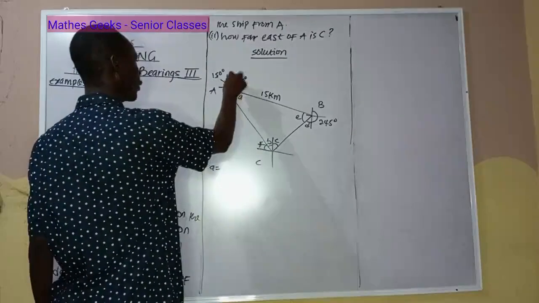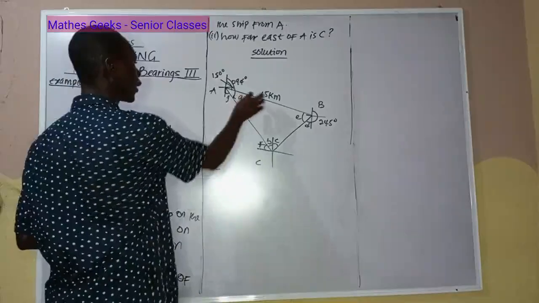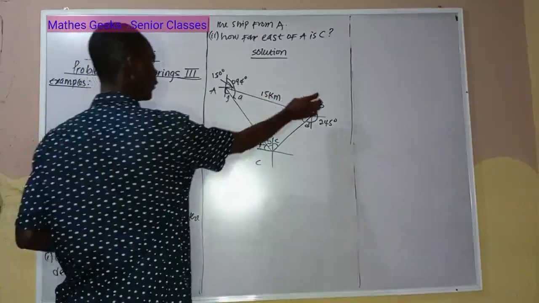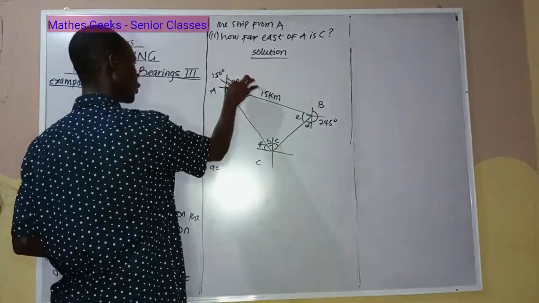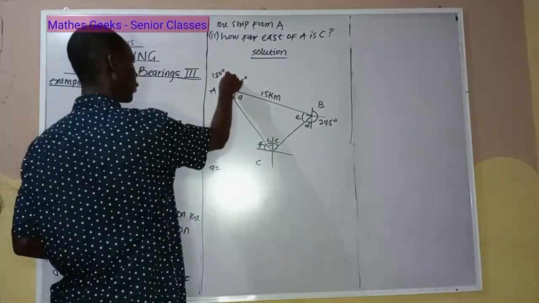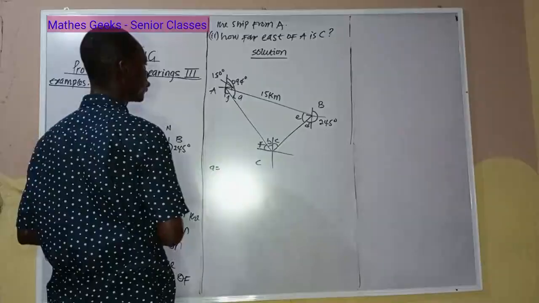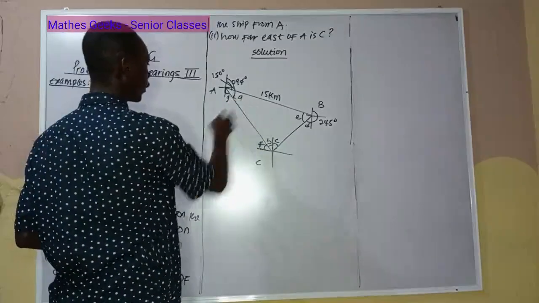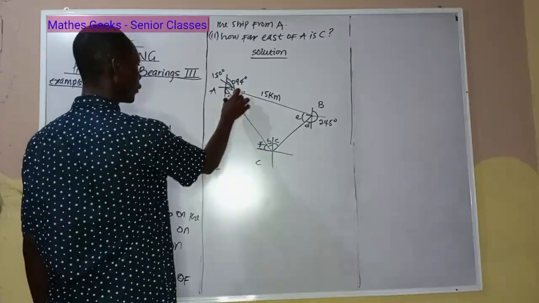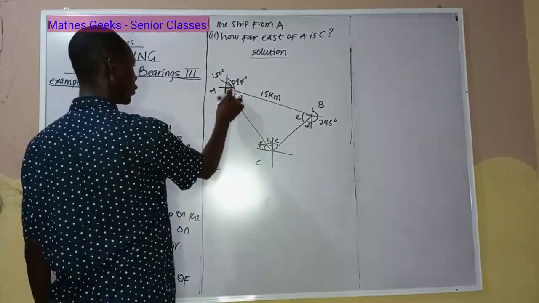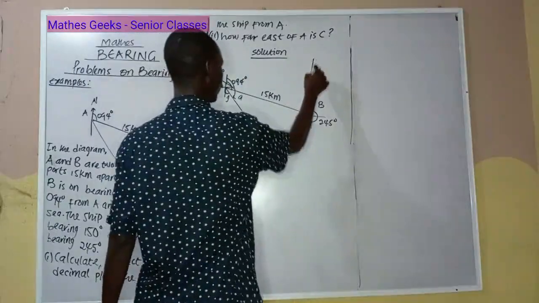Already we know that from this line, the bearing of B from A is 94 degrees. So from the north to this line is 94 degrees, then from the north to this line is 150 degrees. To get G, we use angles on a straight line.